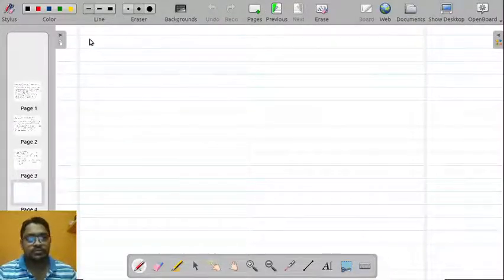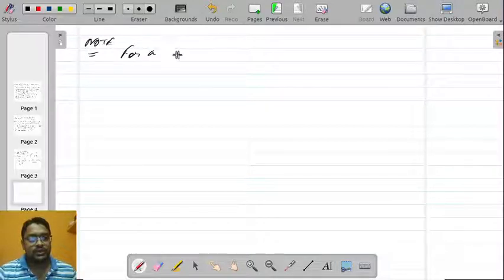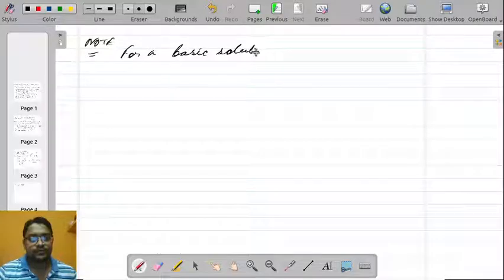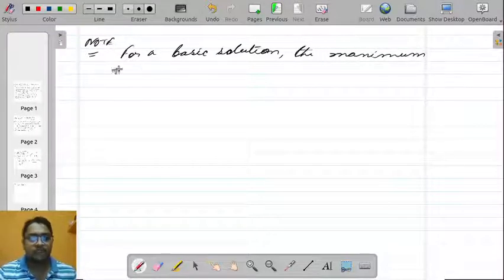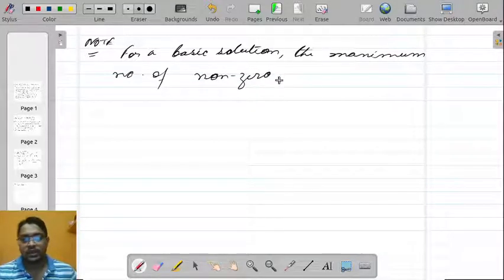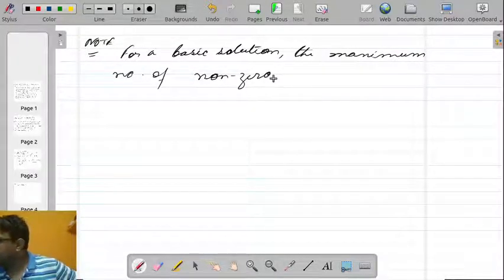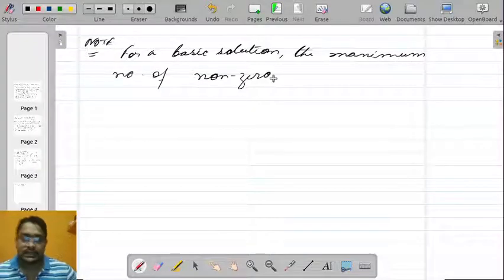Now for a basic solution, some notes. For a basic solution, the maximum number of non-zero variables is exactly m.